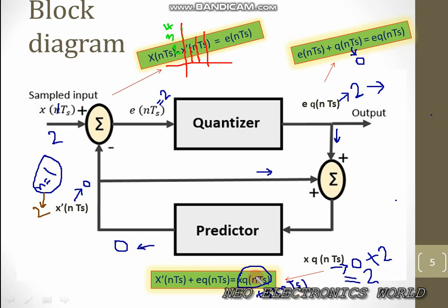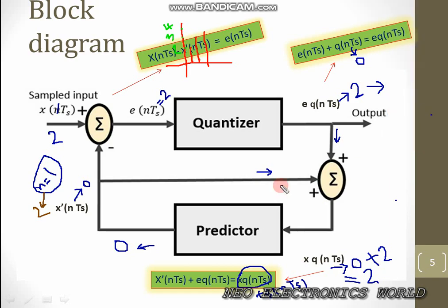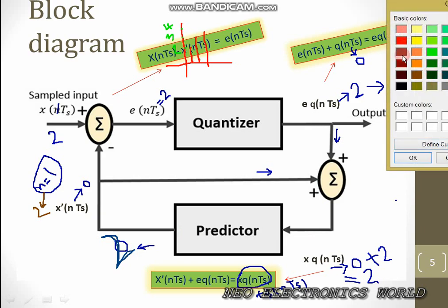Sorry, there was an error. 2 plus 0 is 2. 2 was there; I forgot to write it here. That's nothing but 2. Okay, it was my error. Sorry.